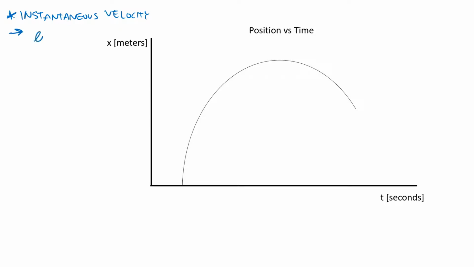That is the limit of delta x over delta t as delta t approaches 0. And then I guess the official way to write that, I'll put that right here. V of x, t, limits.